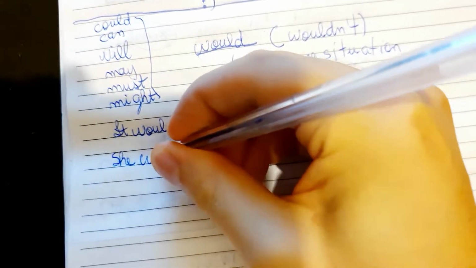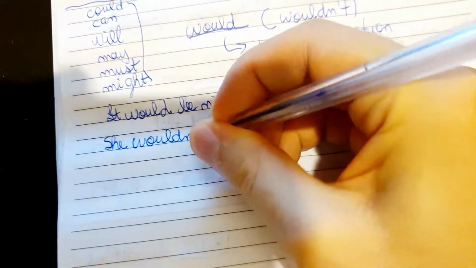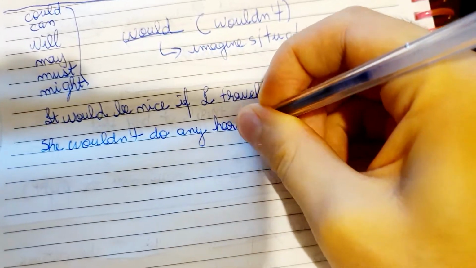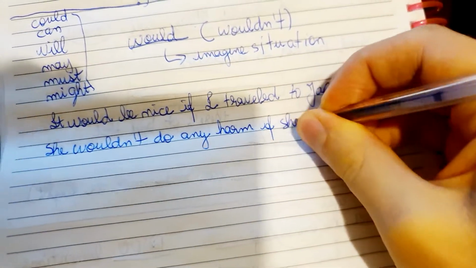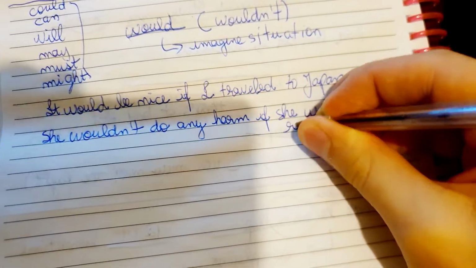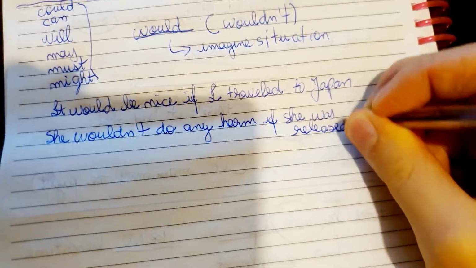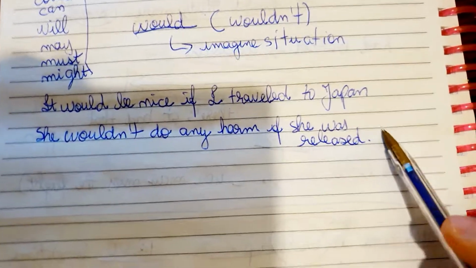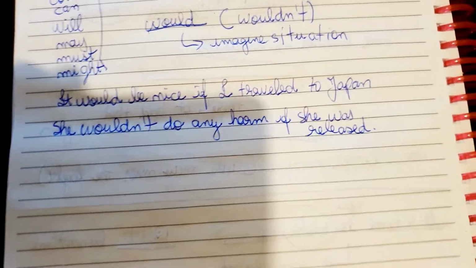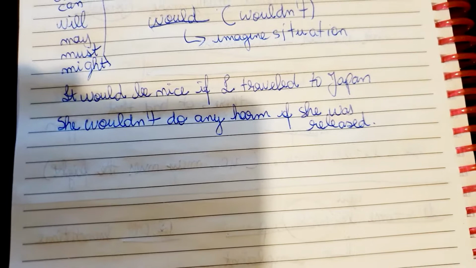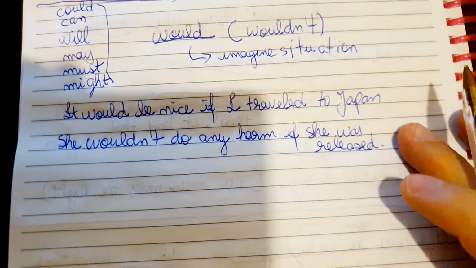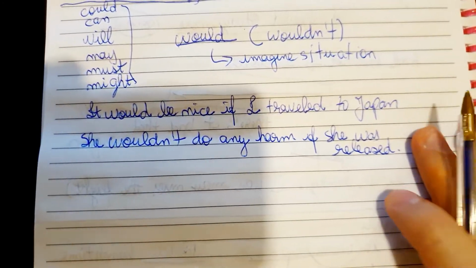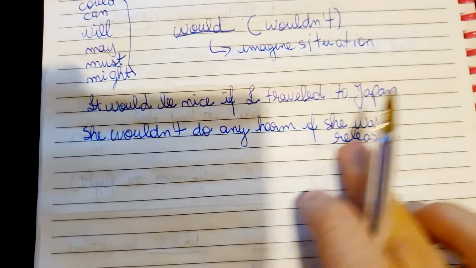She wouldn't do any harm if she was released. There is a woman who is in prison, and she was arrested some time ago, but the judge believes that she wouldn't do any harm if she was released.